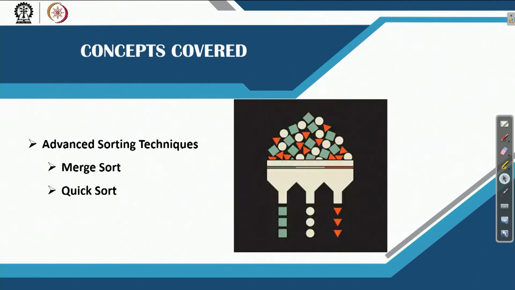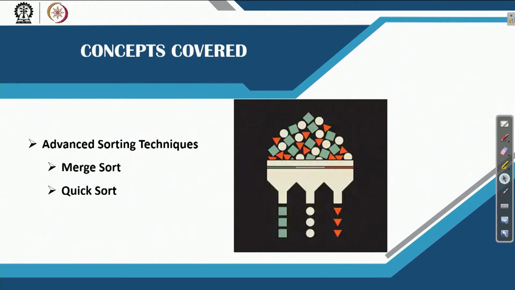Now, we will learn what exactly the divide and conquer principle is. The sorting algorithms that we are going to discuss today are merge sort and quick sort, which are very efficient and suitable for sorting a very large set of numbers.